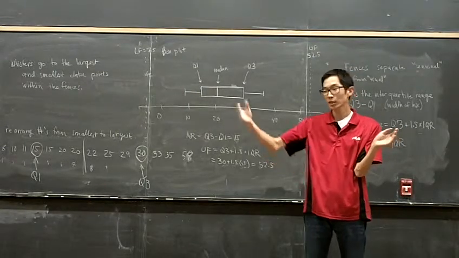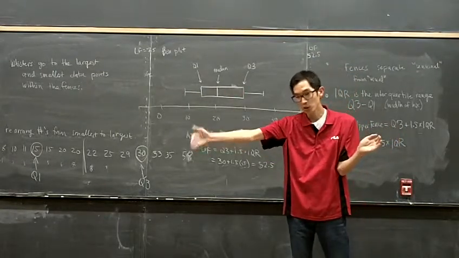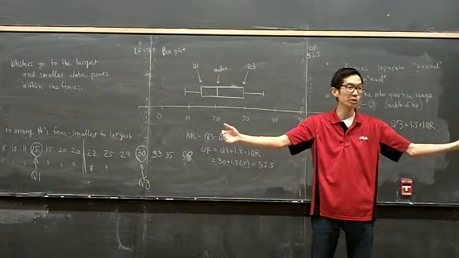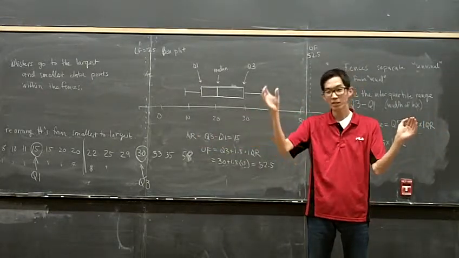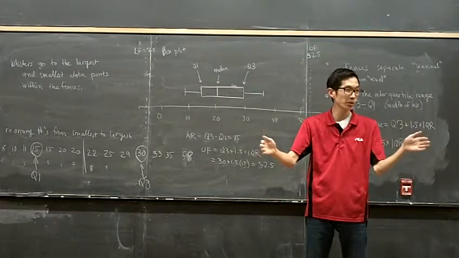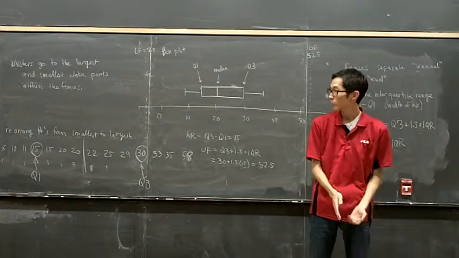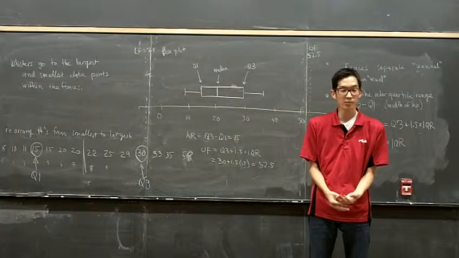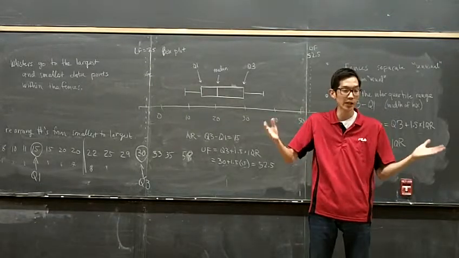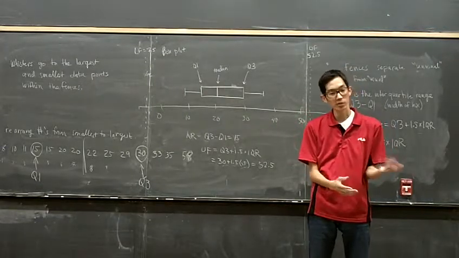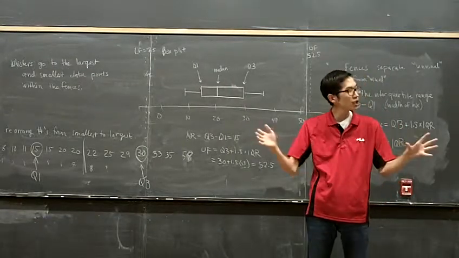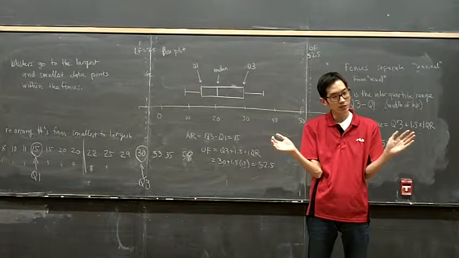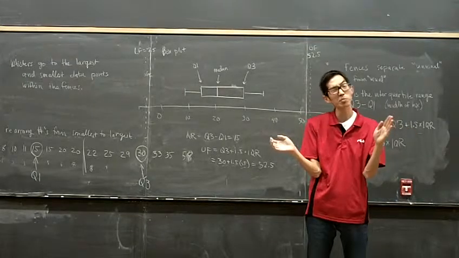The IQR tells us where the lower quarter is and where the upper quarter is, and how different the lower quarter is from the upper quarter. The standard deviation also gives us an idea of how spread out our numbers are, but it uses a different concept. It's kind of the average of distance from the mean.